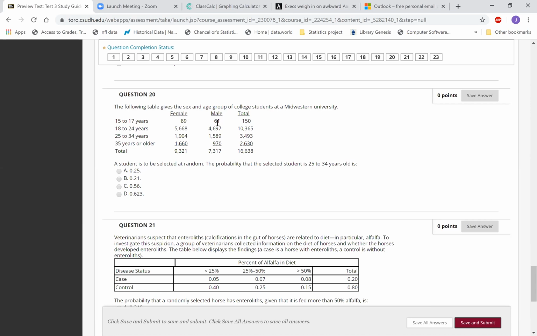All right, so for test number 3, the chapters you're gonna be tested on are 12 all the way through 16. Did you say 12 all the way through 16? Correct. And there's gonna be 23 questions, like in the study guide.